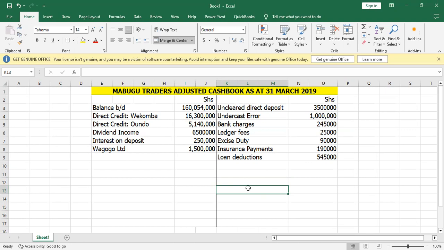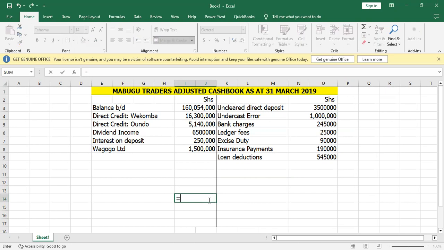We can balance off and then get our totals. Of course, when you look at this adjusted cash book, you'll see that the debit side is greater than the credit. So I'll sum up all what we have there in the debit.